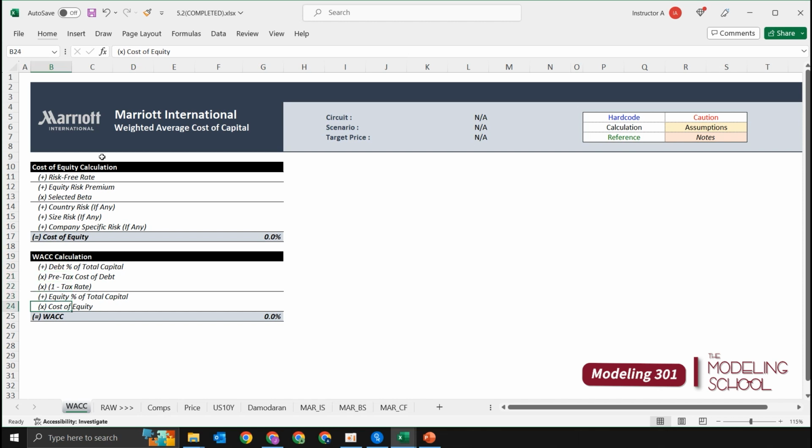And at least now we have one reference. So cost of equity is going to be linked to cost of equity. And now our task is to fill these areas one by one. And we're going to start from cost of debt.